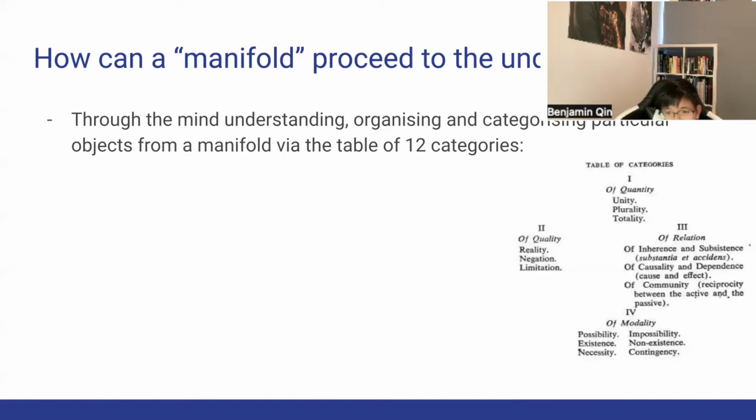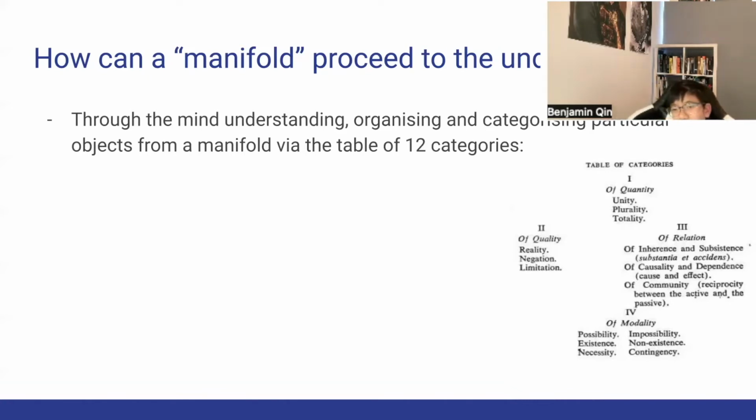It's whether it has any properties, and it's to do with the predicates of the concept, more so the predicates that concern the entire concept. We also have relation, which is how the object relates to other objects, and modality, which concerns the logical conditions of the object.